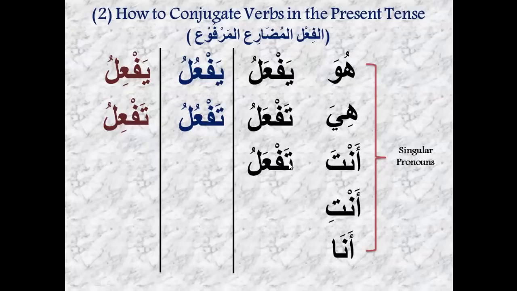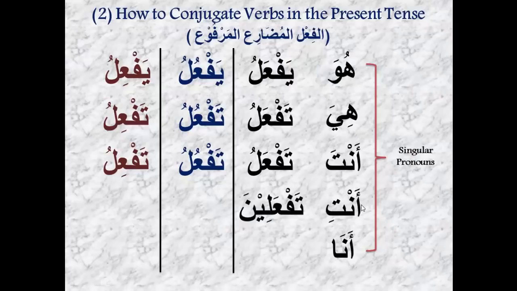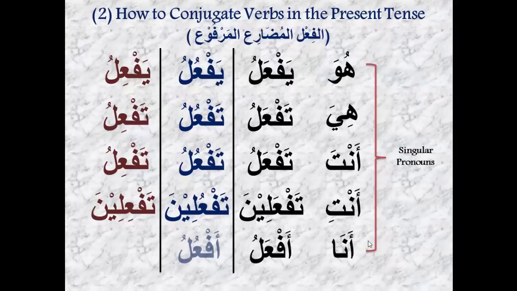And then we have anti, which means you, singular, feminine, a little more complicated: taf'alina, or taf'ulina, or taf'ilina. Notice how we have the ta, but then we've added an ina, which gives us a very long conjugation for anti. Finally, we have ana, which means I. Ana af'alu, ana af'ulu, or ana af'ilu, for all 3 different middle vowels.